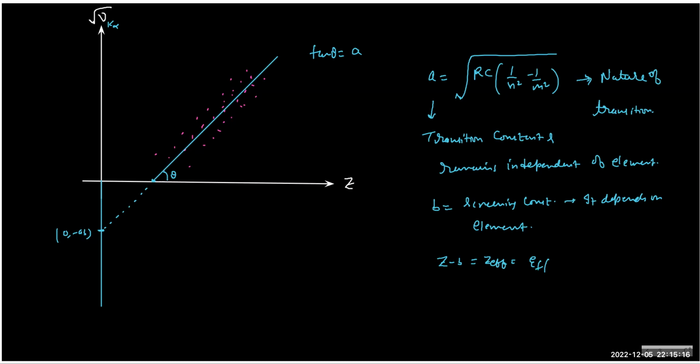Let's call this Z minus B into E. So Z minus B into E is called the effective nuclear charge, and this is the effective charge that the electron which is transiting will experience.